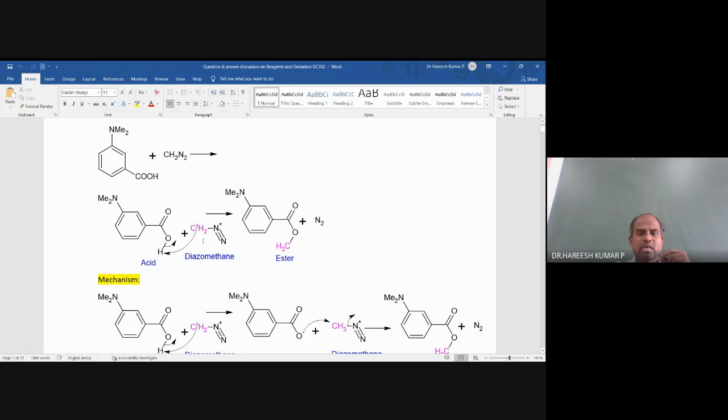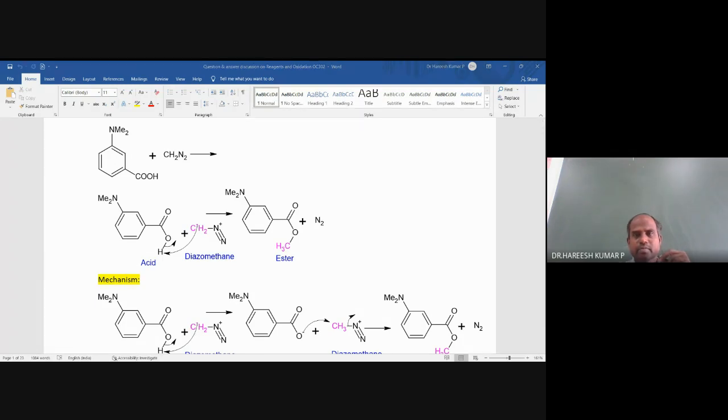You can observe that there is a positive charge on the nitrogen, so this bond pair is taken up by nitrogen. Then the bond between the oxygen and the hydrogen will form a new bond with this carbon. That is how an ester is obtained.